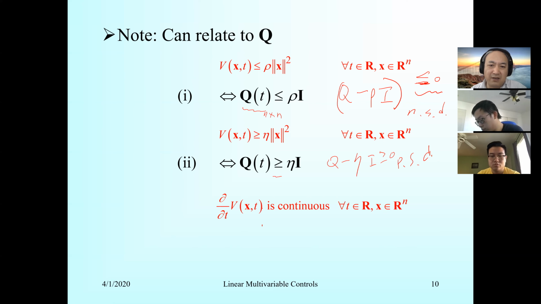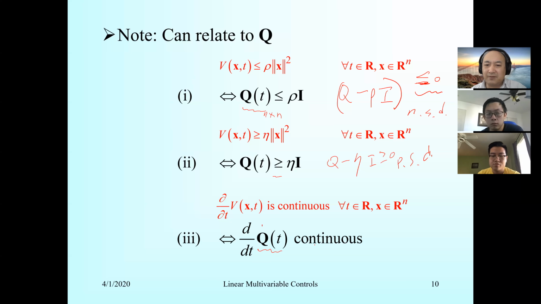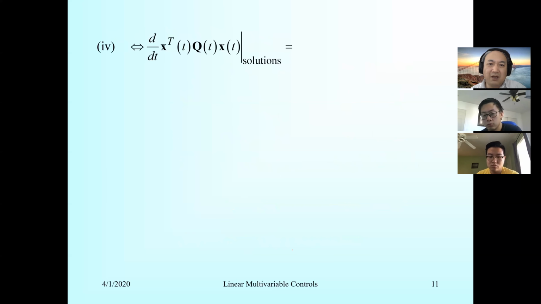And V is continuous, as we can see. In other words, dV/dt is continuous. Remember, Q is given, you can pick it. If Q is a constant, is this continuous? Of course, yes. So this is more general. In other words, it's also equivalent to that, this is my V of t.